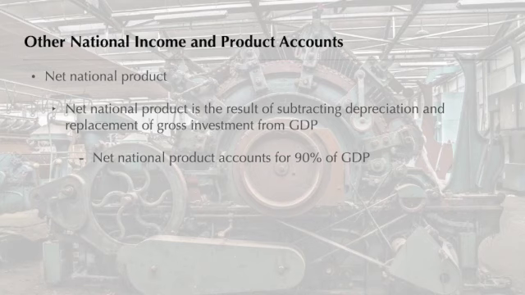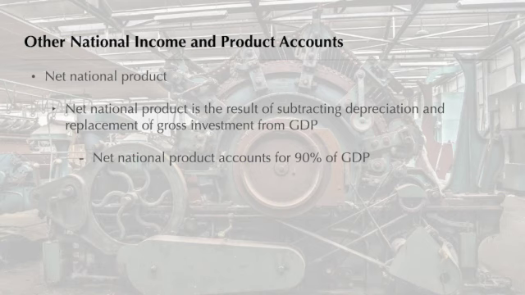As you have learned, GDP includes money invested in capital goods. This investment includes money spent on replacing defective or outdated equipment and machinery. When this depreciation is subtracted from GNP, the result is a nation's net national product.